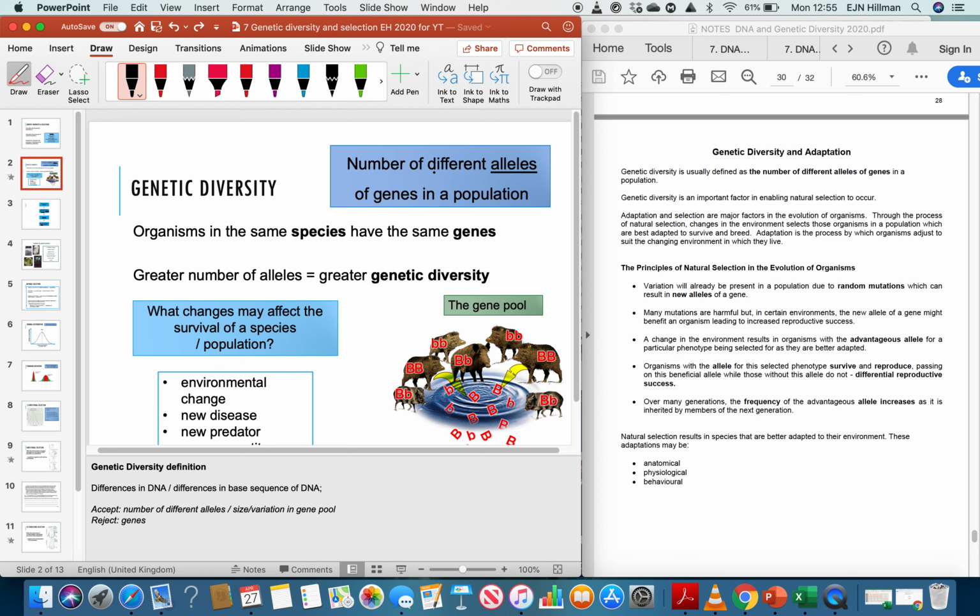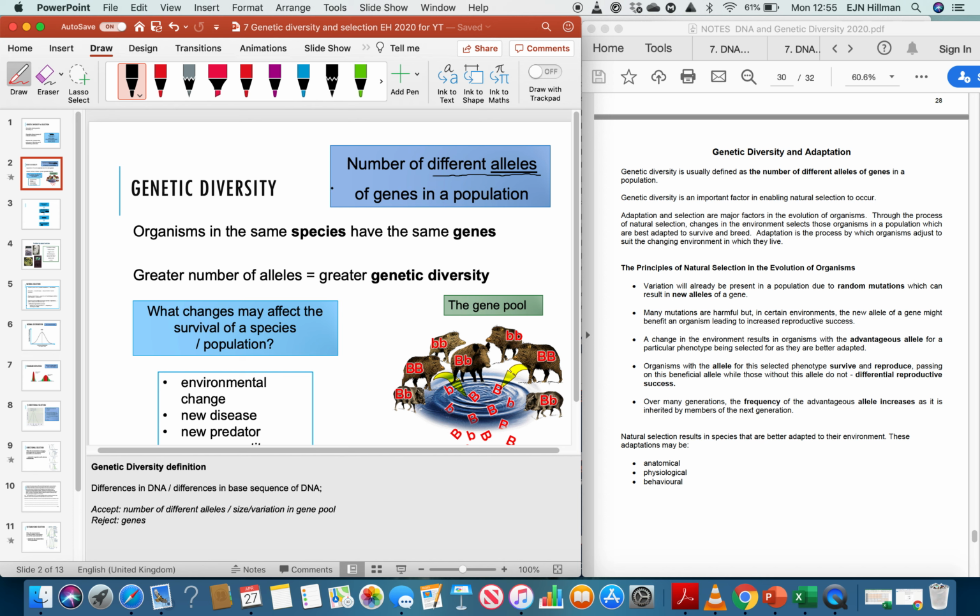So that essentially means the same as the different alleles. But accepted would be the number of different alleles of genes in a population. So when comparing genetic diversity, we're comparing the different alleles.